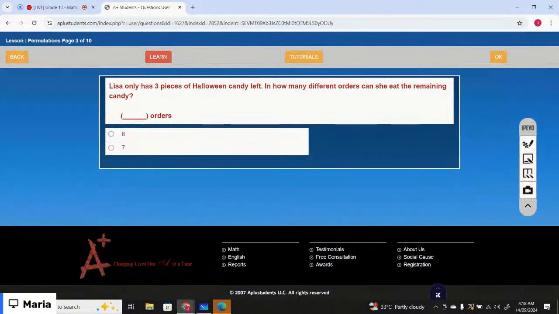Lisa only has 3 pieces of Halloween candy left. In how many different orders can she eat the remaining candies?